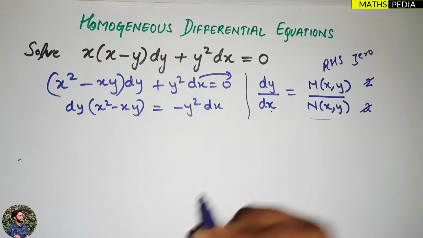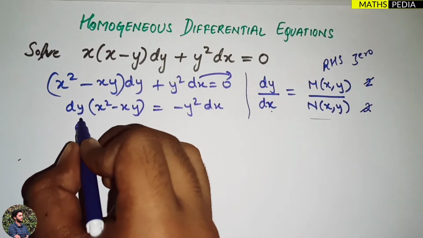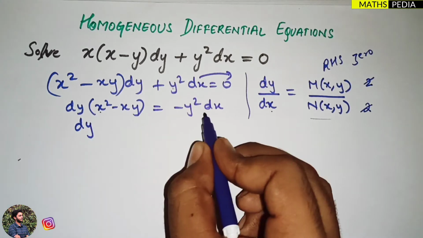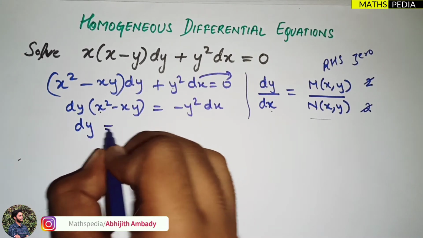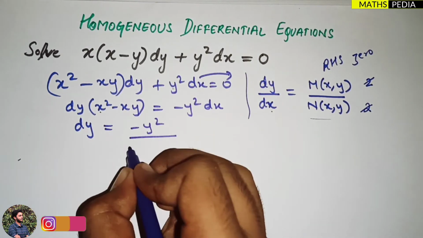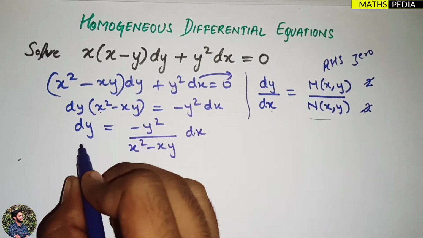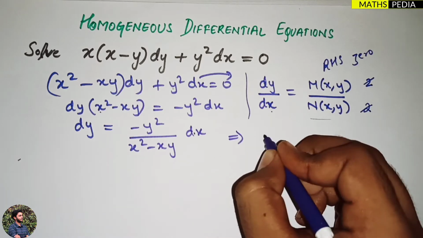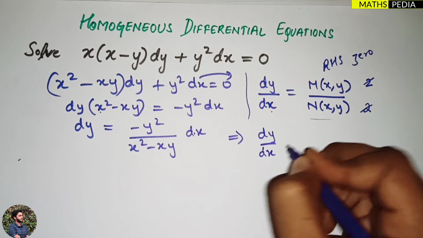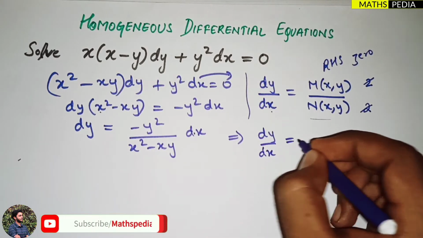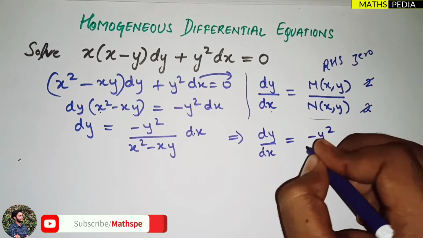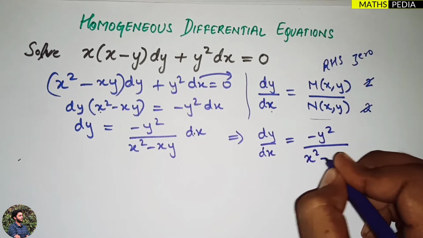Now dy is equal to minus y square by x square minus xy into dx, and bringing dx to this side, dy by dx equals minus y square by x square minus xy.